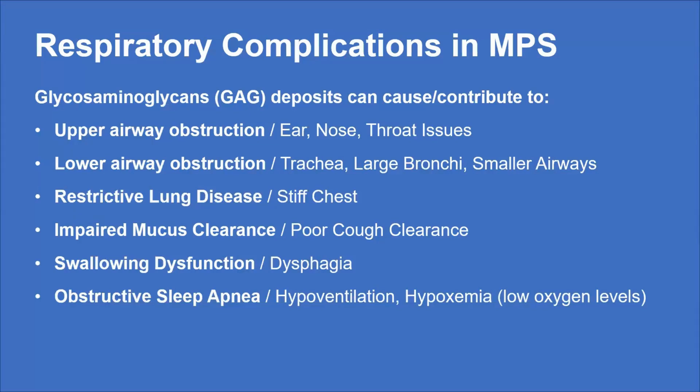Respiratory complications in mucopolysaccharidosis can occur from the GAG deposits that cause or contribute to upper airway obstruction, which is kind of ear, nose, and throat issues, lower airway issues of the trachea, the large bronchi, or the smaller airways, a restrictive lung disease, which is like the stiff chest affecting breathing, impaired mucus clearance or poor cough clearance, having a weak cough sometimes, swallowing dysfunction, we call that dysphagia, or obstructive sleep apnea can result in hypoventilation, not breathing enough, hypoxemia, lower oxygen levels.